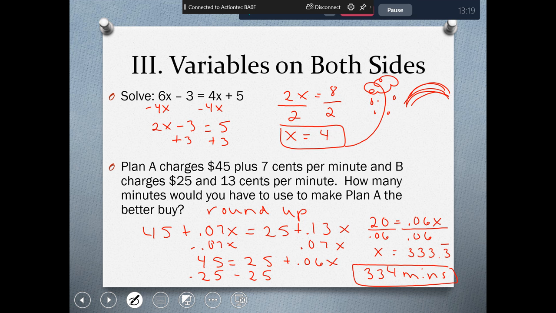Also, if it came to like tires, that would be a good example, or people. So these problems we need to round to the nearest whole number. Okay? And you round up. It's making it better than the other one. Okay? Can I erase? All right.